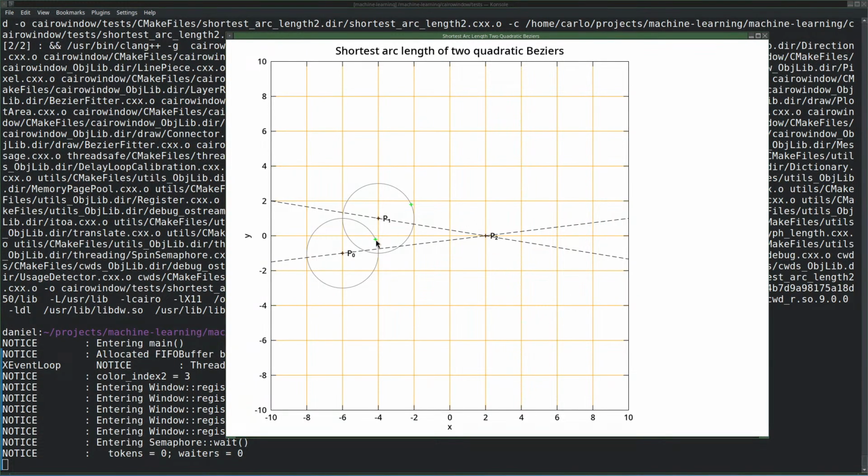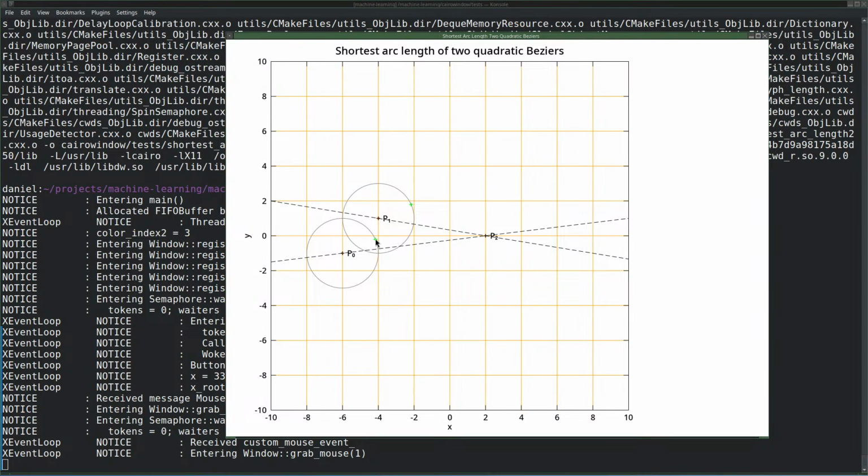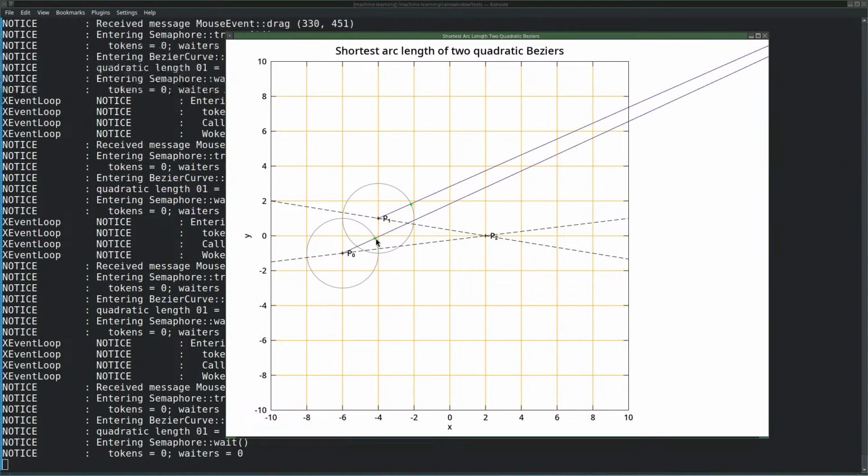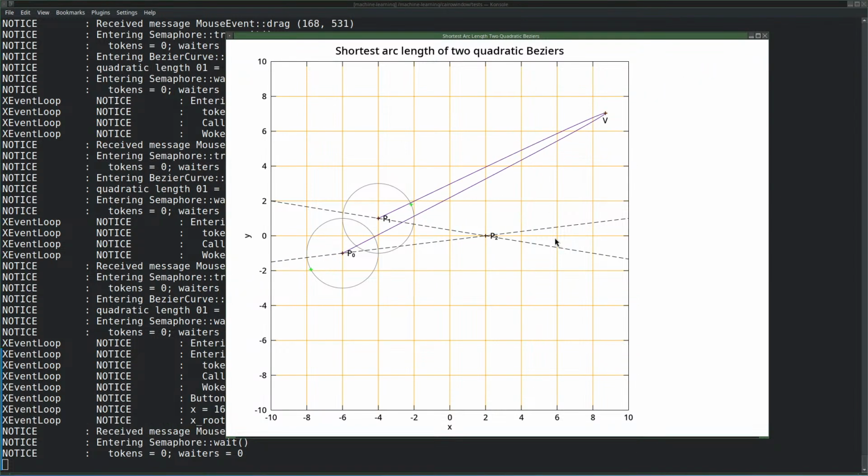And we don't have anything, but why not? Because they're parallel. No, they're not parallel. Yep. No, this is not good. Yeah. Okay.